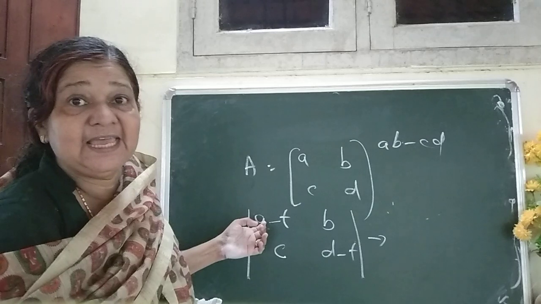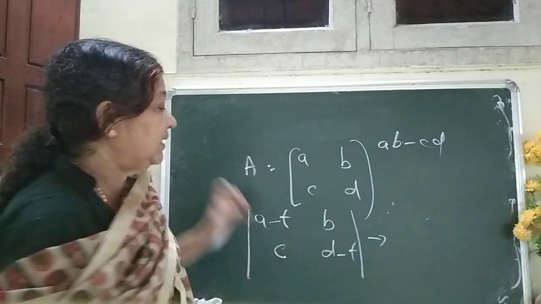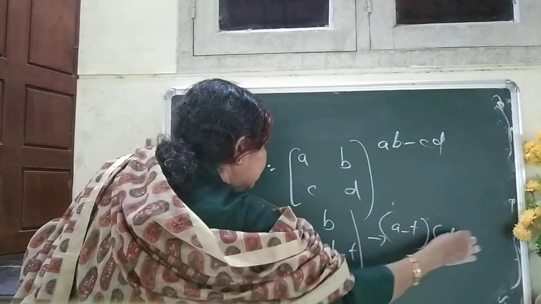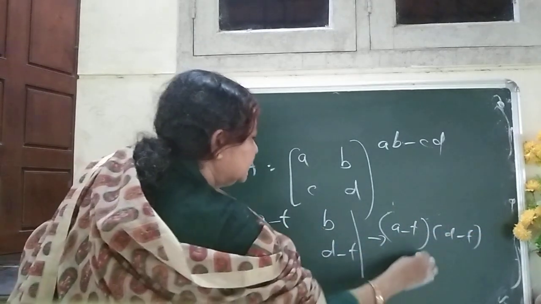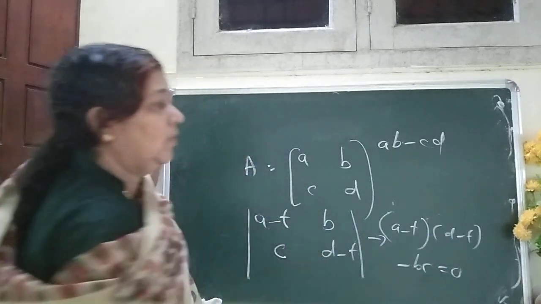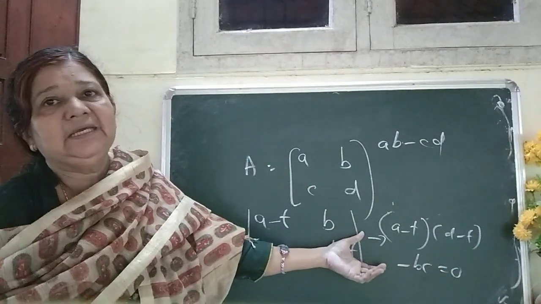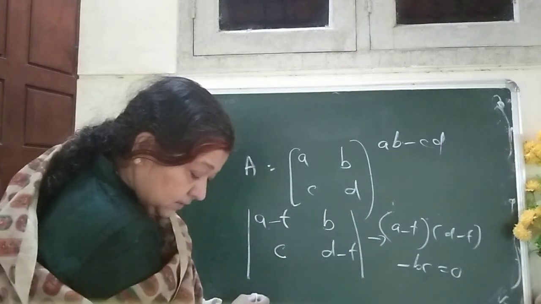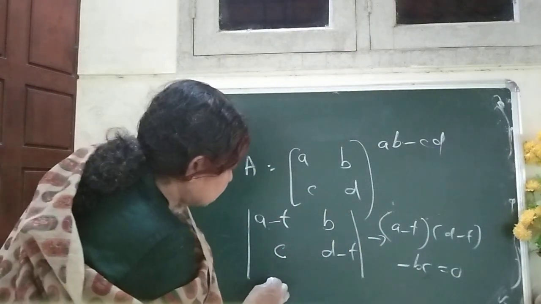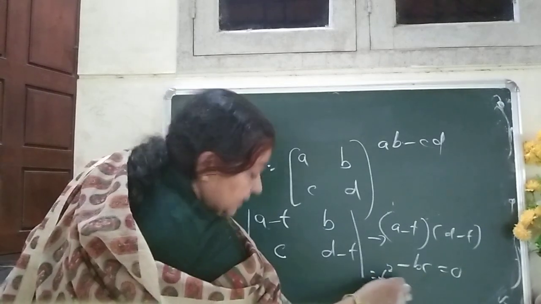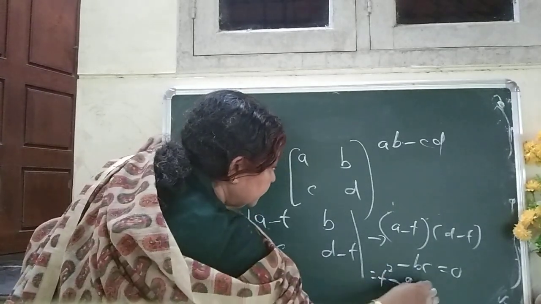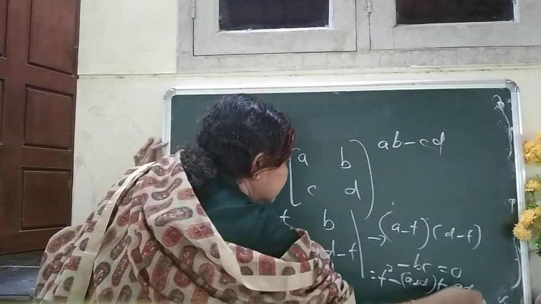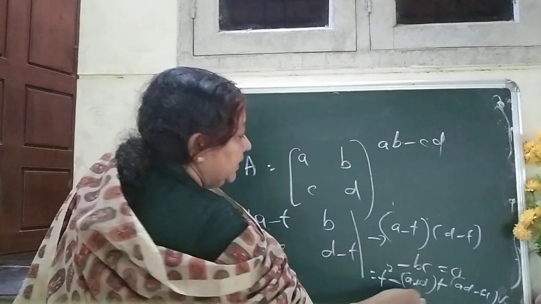This determinant, (a minus t) times (d minus t) minus bc, equals 0. This is a second degree equation in t. That equation is t square minus (a plus d) t plus ad minus bc equals 0.